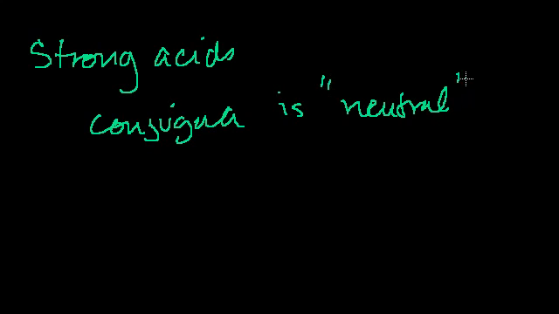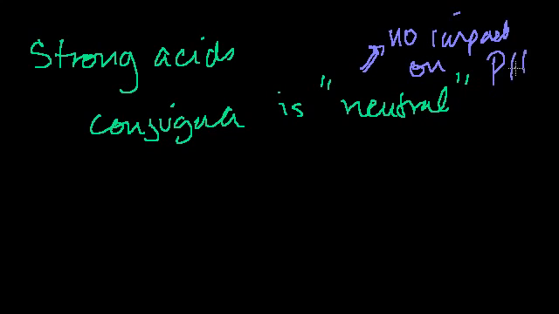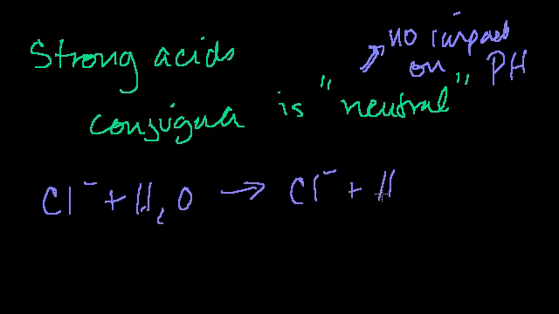Neutral. So that means no impact on pH. Right? You say chlorine plus H2O, you're essentially still going to have chlorine plus H2O. You're not really changing the concentration.